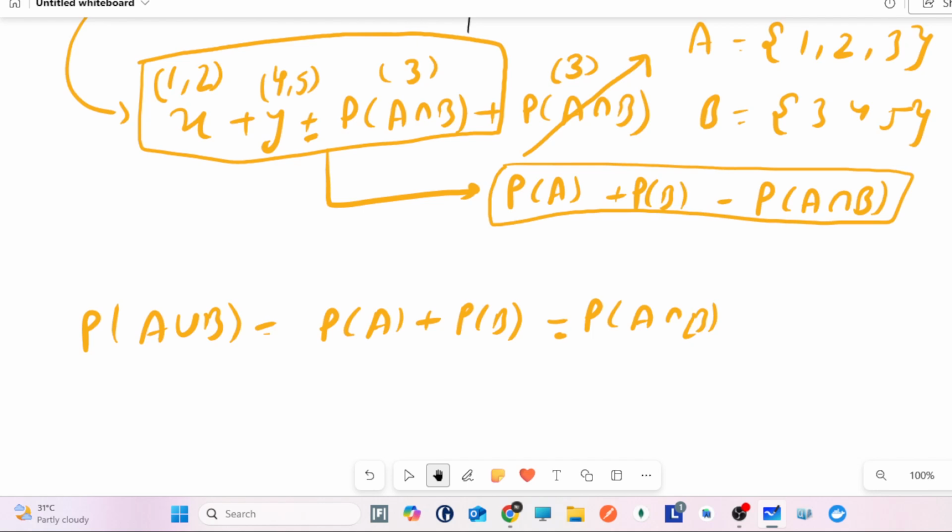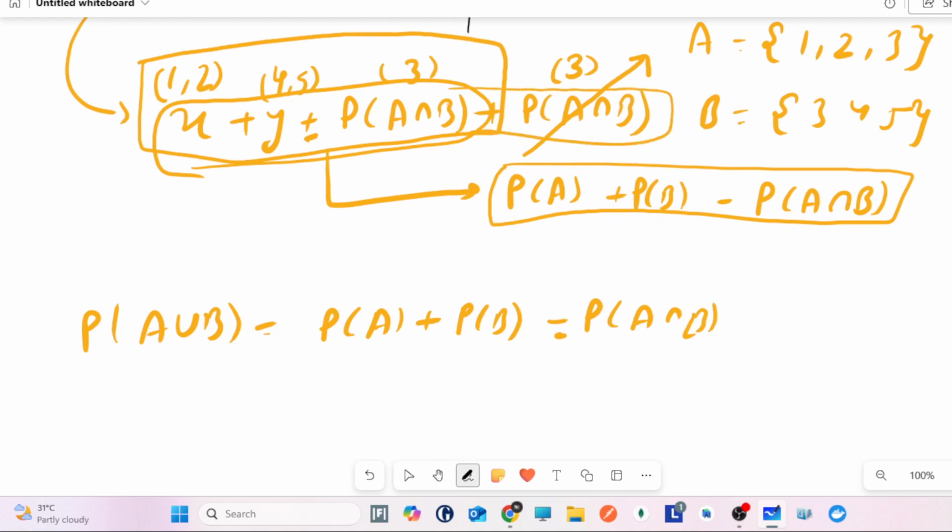This is a very common confusion that beginners can have, because PA plus PB is nothing but this value.